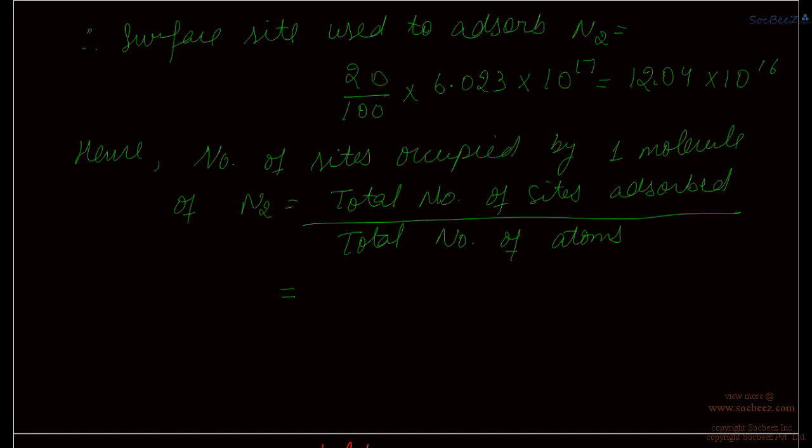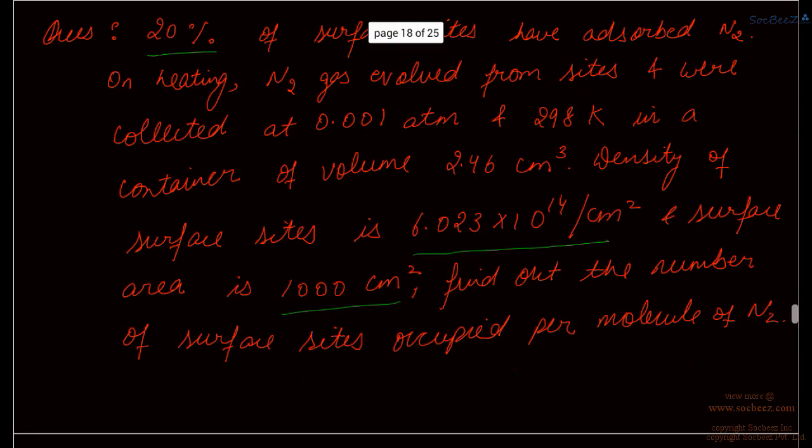It comes out to be equal to 12.04 into 10 raised to the power 16 divided by 6.02 into 10 raised to the power 16. So this value comes out to be equal to 2. So hence two sites are absorbed by one molecule of nitrogen.